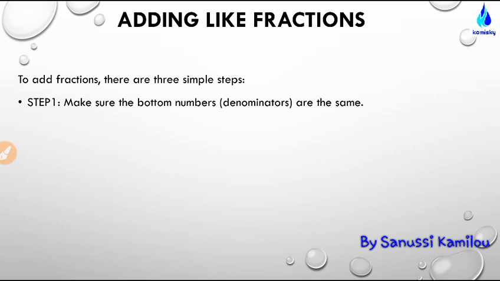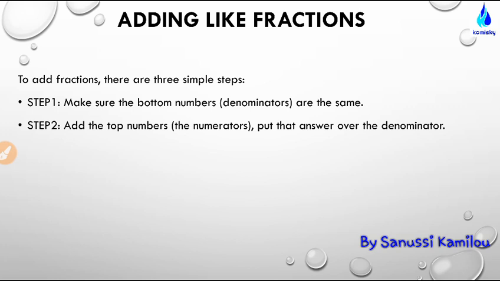That's step number 1. Step number 2, add the top numbers that we call the numerators. Put that answer over the denominator. Step number 3, simplify the fraction if possible.